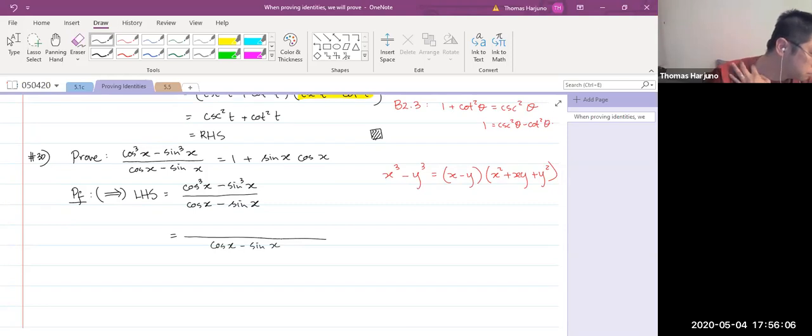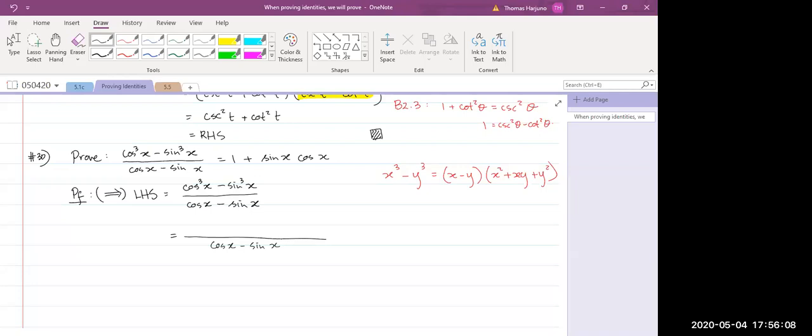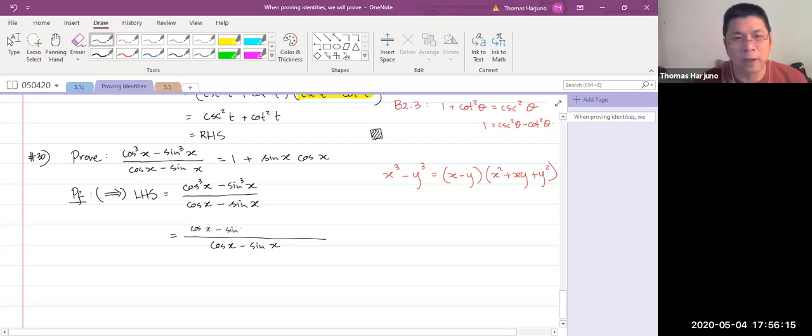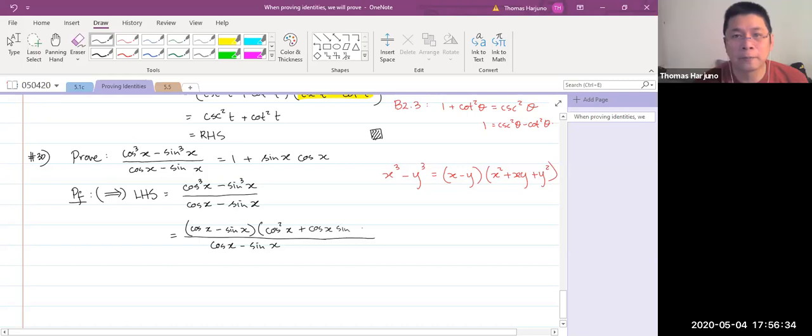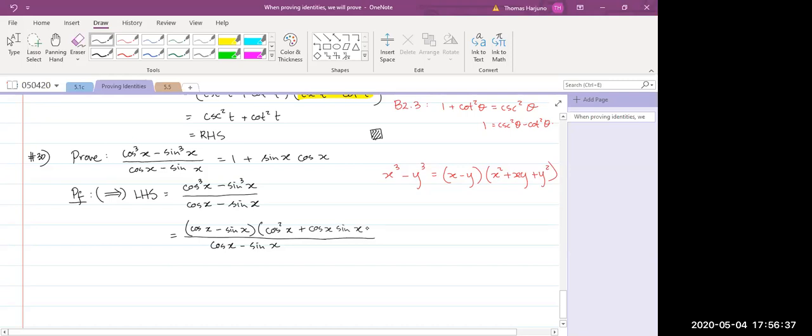You get cosine x minus sine x, that's the first factor, in parentheses, and then cosine squared x plus cosine x sine x plus sine squared x.